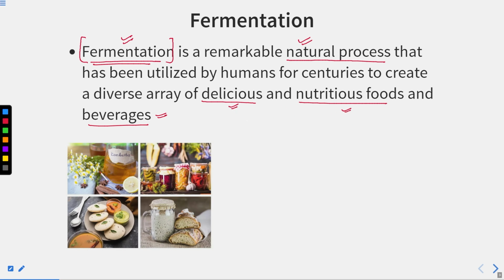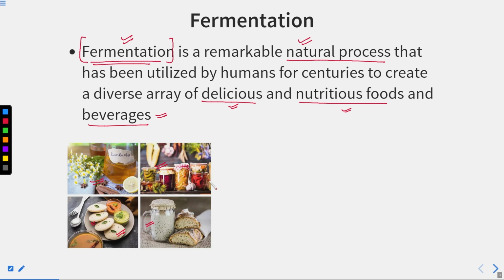Here you can see some drinks are prepared, some pickles are prepared, bread is prepared, and there are some forms of food, like the South Indian food called idli, that is also prepared with the help of the fermentation process. There are so many food items in India actually.